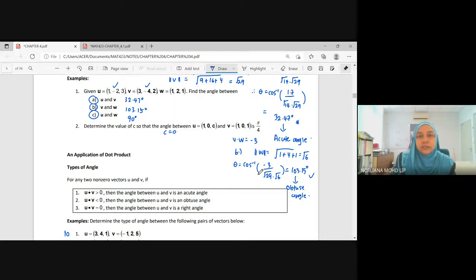So shift cos inverse 0 is equal to 90. Kat sini C dapat cos inverse 0 kan. So equal to 90 degree. So it is right angle.